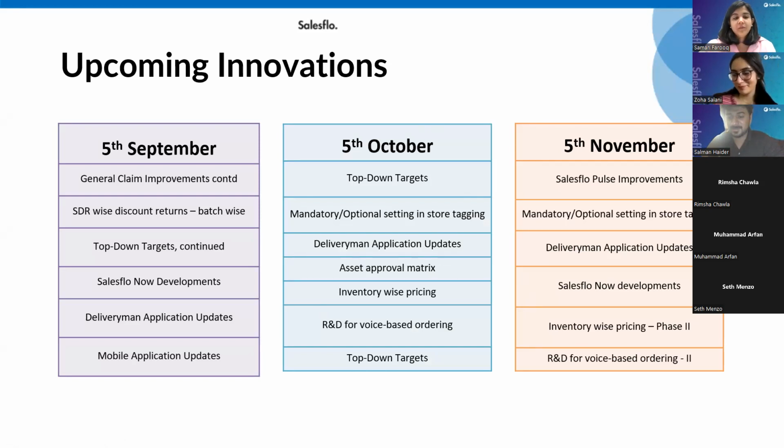But the 5th September release, we will be talking about in detail in the next webinar, and we'll be happy to take in any suggestions for improvements, or any manual work that you do daily and are facing any kind of problems with. We're here to help you out, and we're here to work on those features. So do give your suggestions as well.